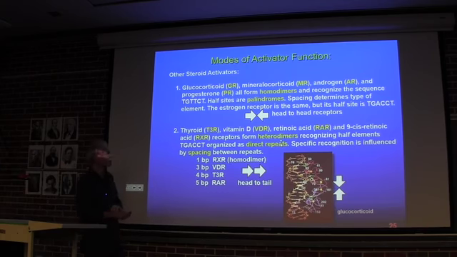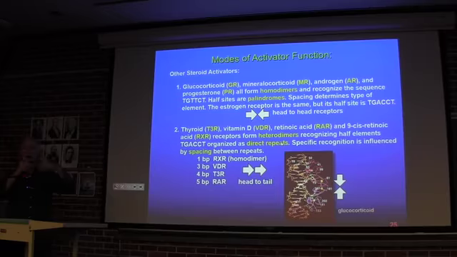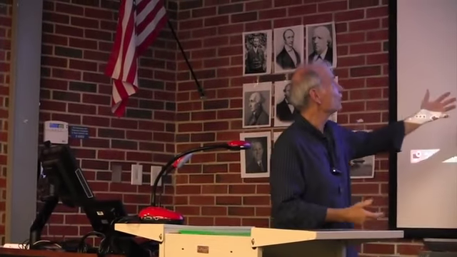What else is strange? The other thing is there is one member here, of course with the strangest name, that binds to all of the other members. They all bind as heterodimers. So the thyroid receptor really binds as a heterodimer with the other one that's in common to everybody.